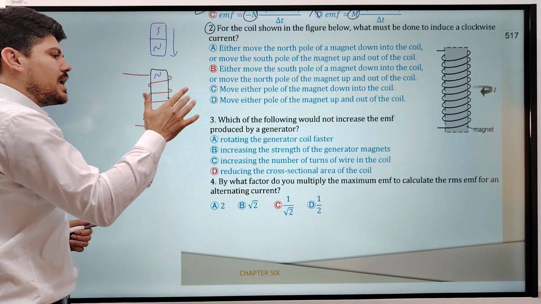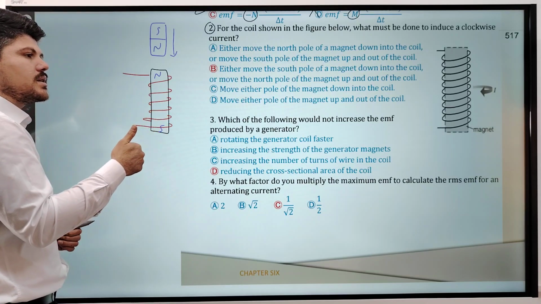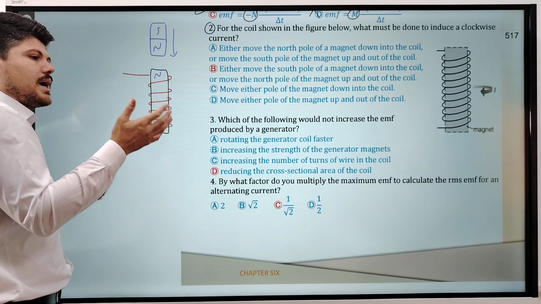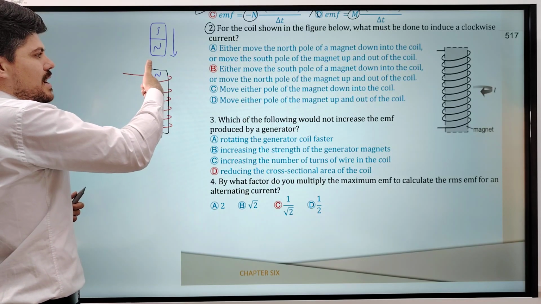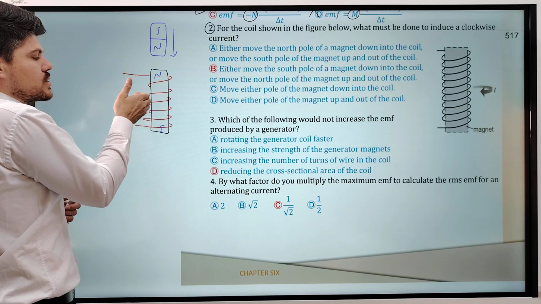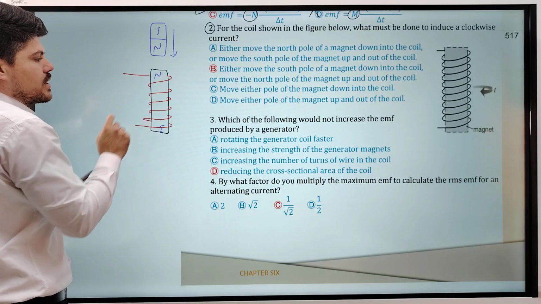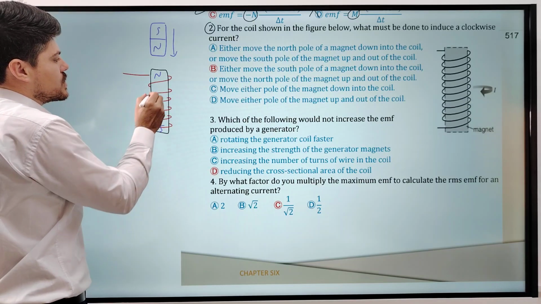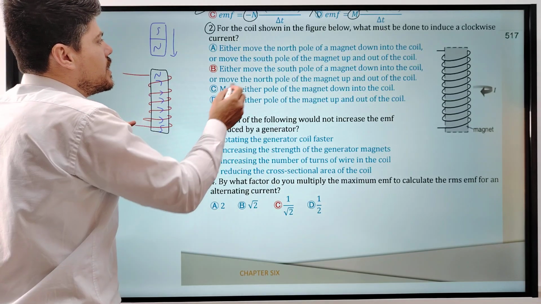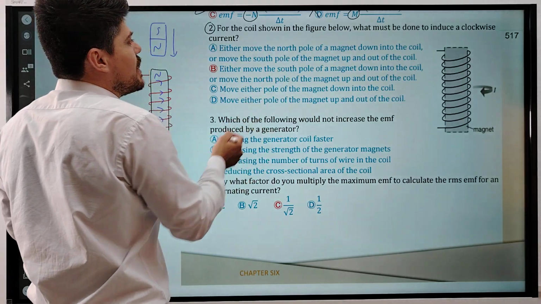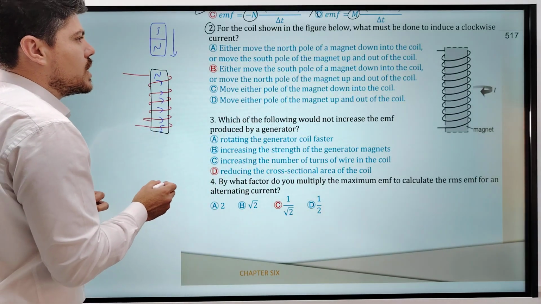By using the right hand rule for the solenoid, you can find the direction of the current and the magnetic field. Now we know the direction of the magnetic field. The upper end becomes north. Okay, so the direction of the current is not clockwise. Here is clockwise.